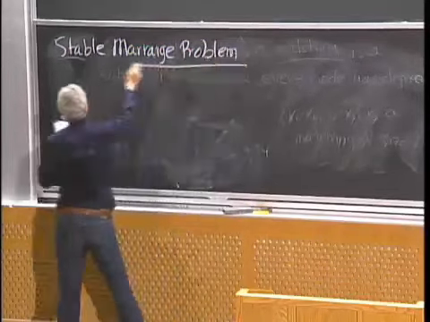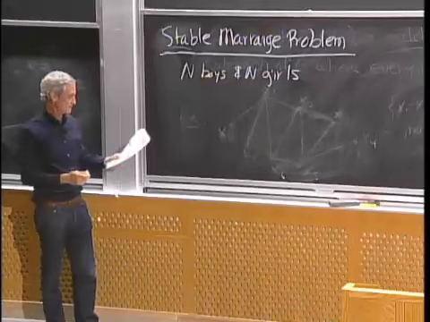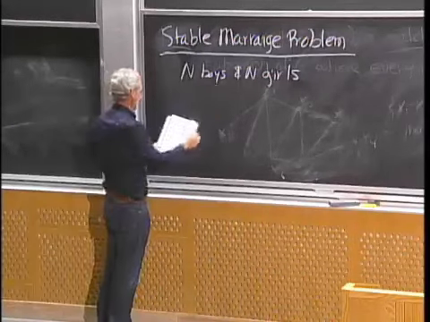Actually, tomorrow in recitation, you're going to look at the scenario where there's more girls than boys, or vice versa. You'll be using a similar algorithm, but it'll be a different context. That's the context that comes up in matching interns to hospitals and stuff like that. But for our version, it's an equal number of boys and girls.